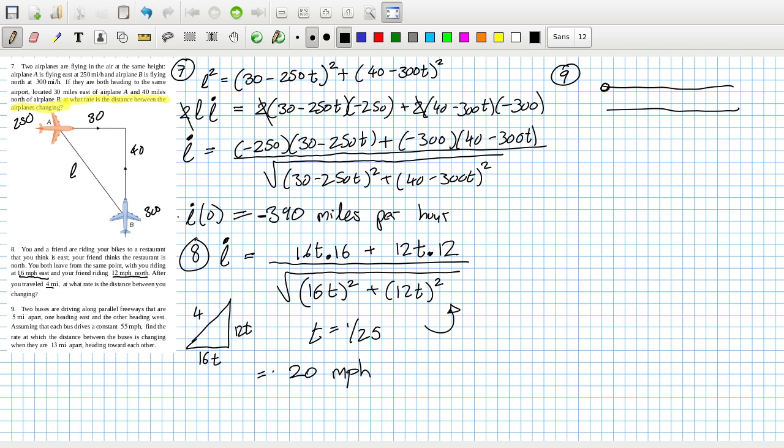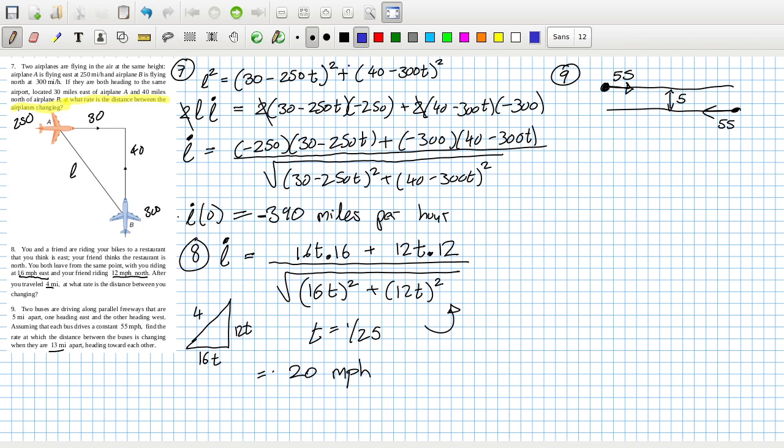Okay, so there's one bus here, and these are 5 miles apart, and that's heading 55, and that's heading 55, and I assume the 13 is a diagonal distance or not.